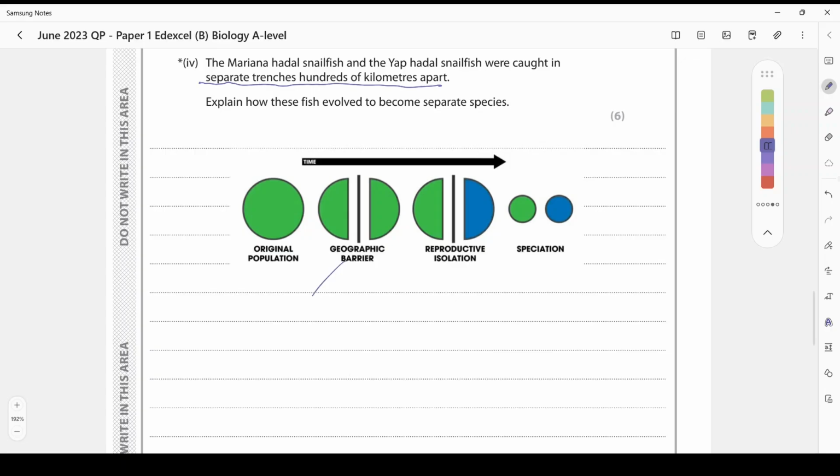So just to recap, first, you would talk about number one, there is a geographical barrier, and that causes these two populations to become isolated from each other. Number two, you talk about how these two populations would experience different selection pressures. And number three, you talk about natural selection and how the allele that enables them to survive better would then get passed on from one generation to the next.